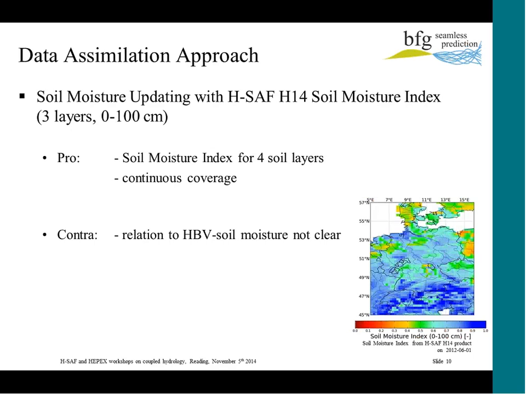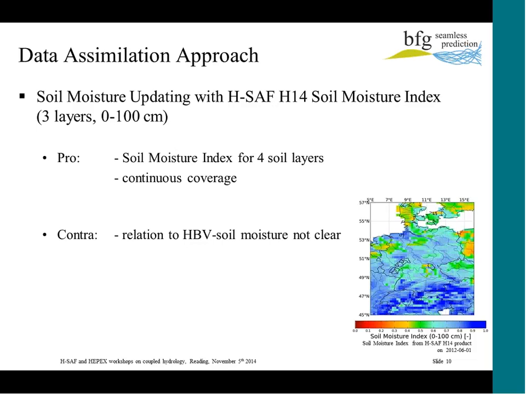And the third data we use is the soil moisture index of the H14 product, which is a root zone soil moisture index up until 2.89 meters depth in 4 soil layers. And we use only the first 3 layers, which is about 1 meter, to assimilate.